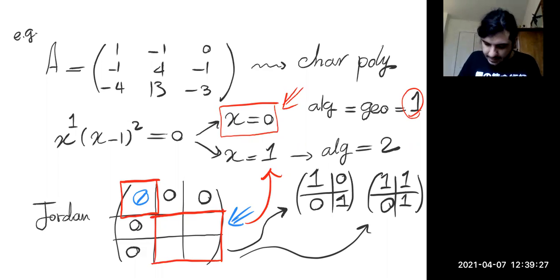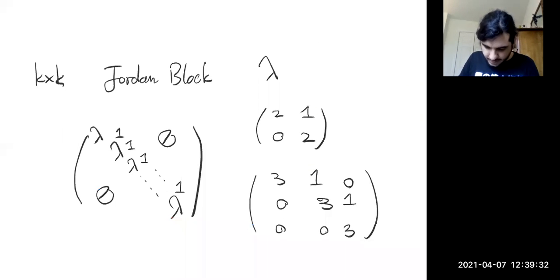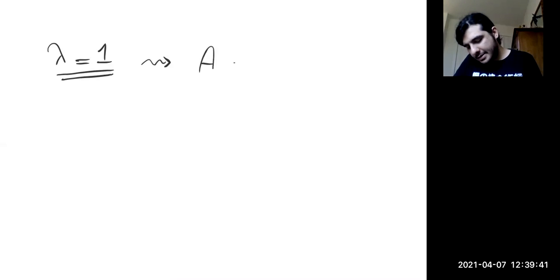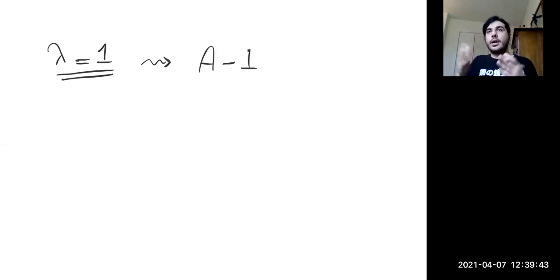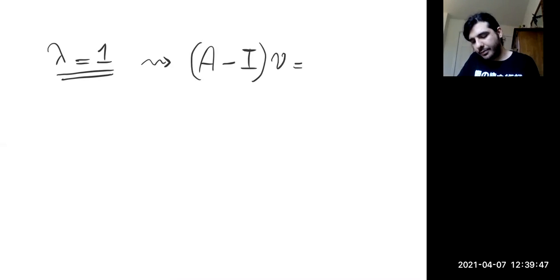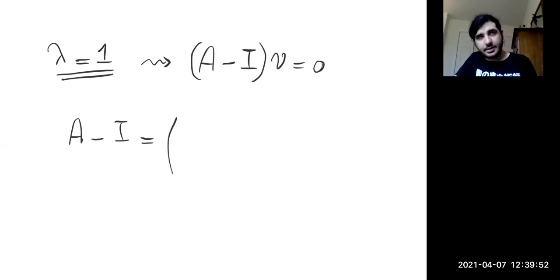So the idea is that, okay, let's go to the next page. I have now this eigenvalue equal to 1. I should look at A minus lambda I, which is just A minus I, times V equal to 0. Now, A minus I in our example becomes this matrix: 0, minus 1, 0; minus 1, 3, minus 1; minus 4, 13, minus 4.